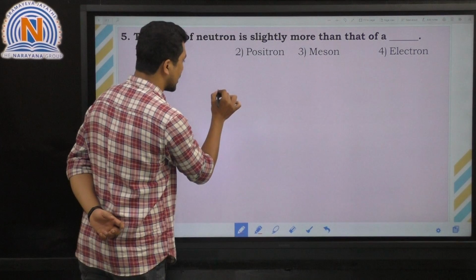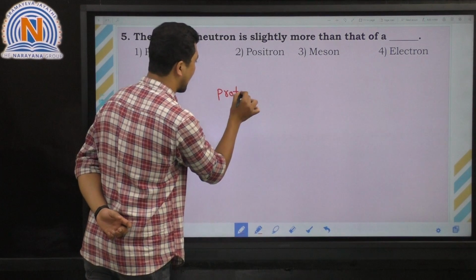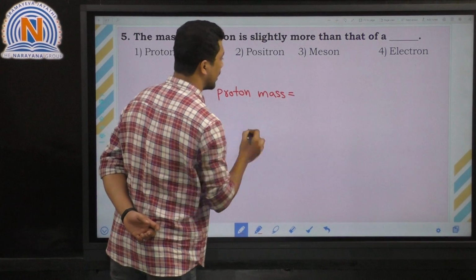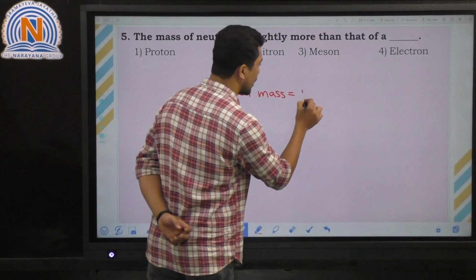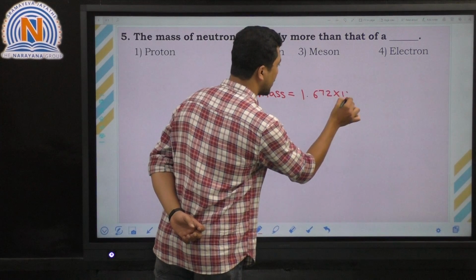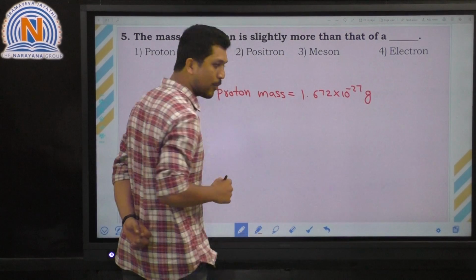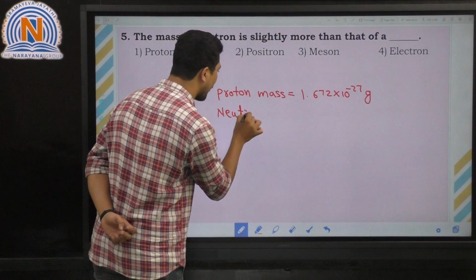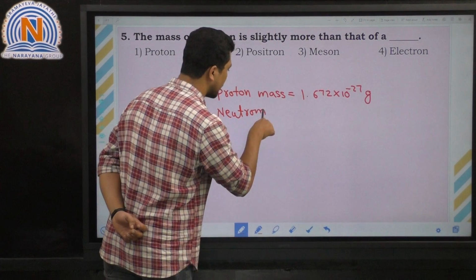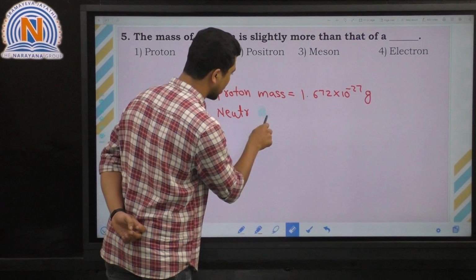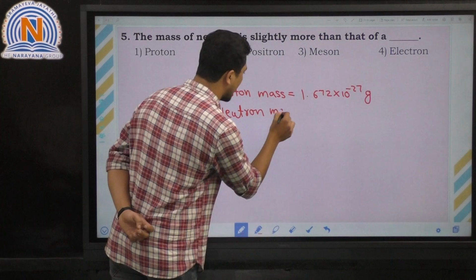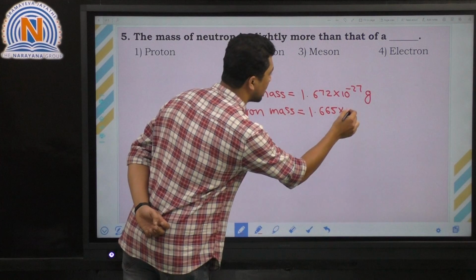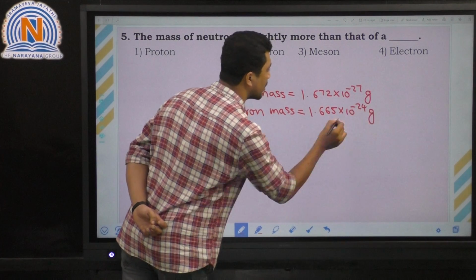So the proton mass is 1.672 into 10 power minus 27 grams, and we know that neutron mass is 1.675 into 10 power minus 24 grams.